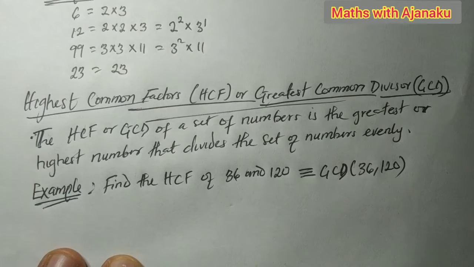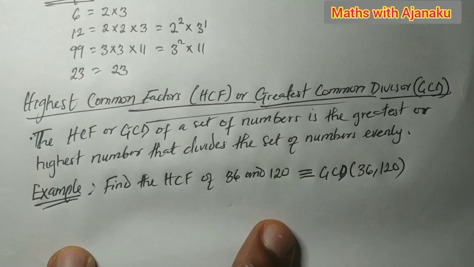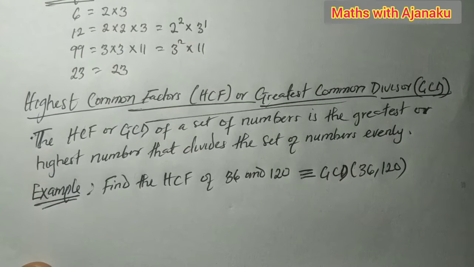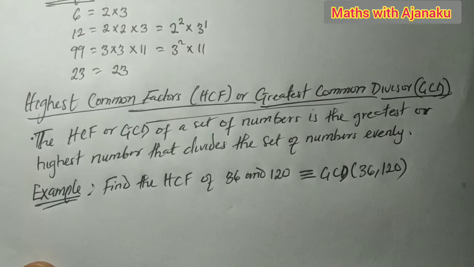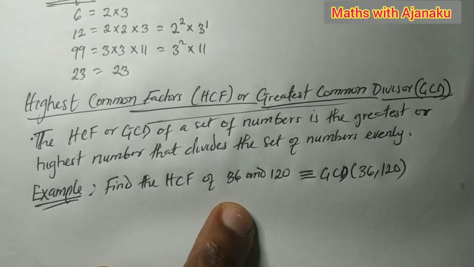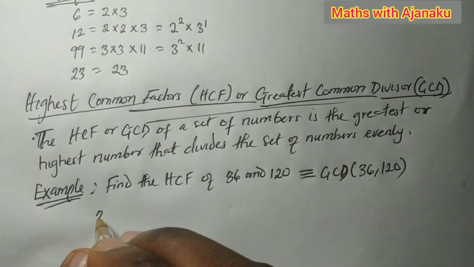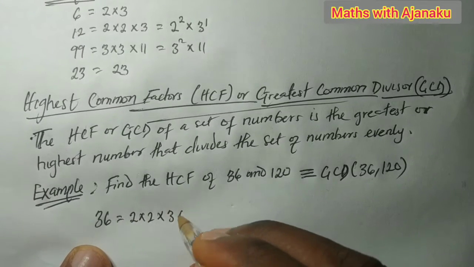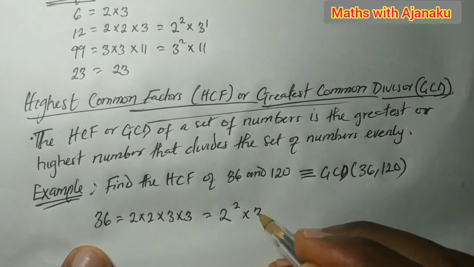For an example, supposing we are to find the HCF of 36 and 120, which can be written as GCD of 36 and 120. Using the prime factorization method that has been introduced to us already, we are going to write down the prime factors of 36 and 120, where 36 can be written as 2 times 2 times 3 times 3, which is the same as 2 raised to power 2 times 3 raised to power 2.